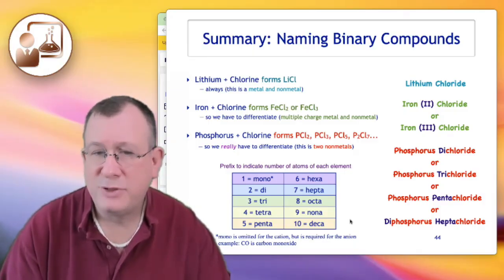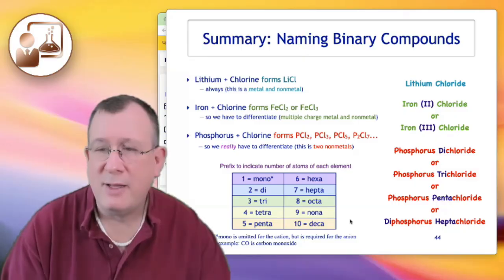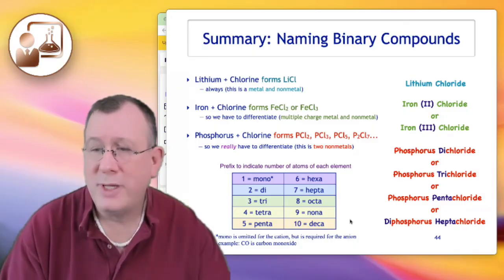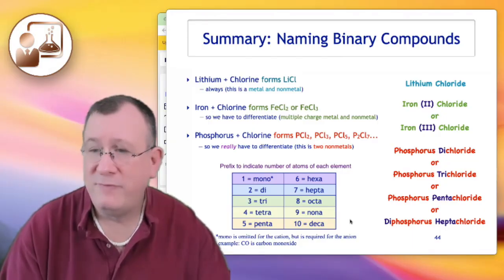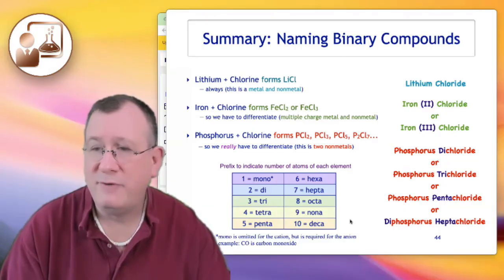Now, there are a couple twists on that. One is, remember, if there's only a single atom, use mono. N2O is going to be dinitrogen monoxide, not monooxide. When the prefix ends in a vowel and the suffix starts in a vowel, we usually drop the vowel off of the prefix.